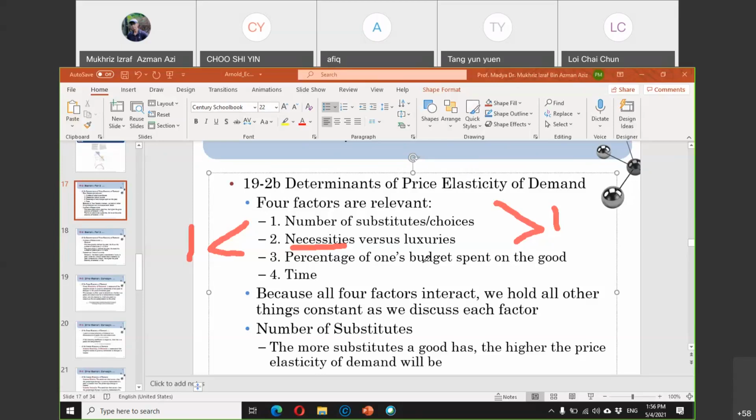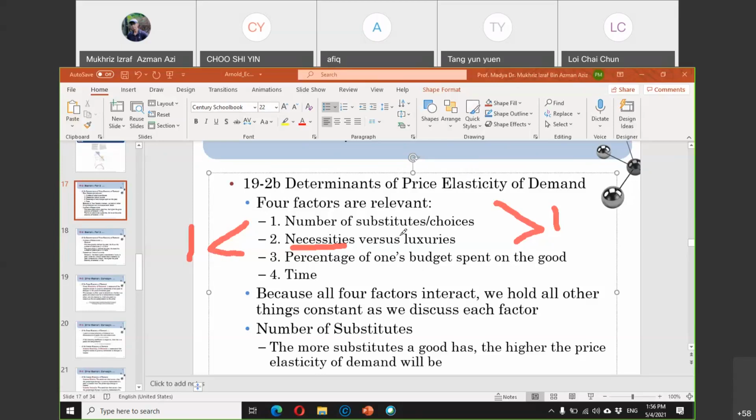So even though the price of sugar increases, you don't really mind, because you only spend a small amount of money from your salary on that item. So the smaller the money spent, the less elastic demand will be.